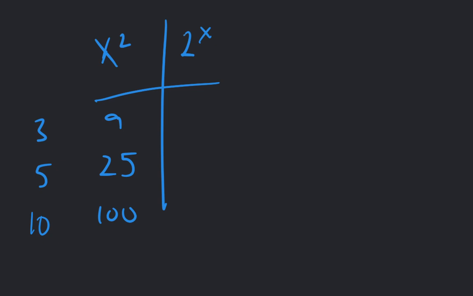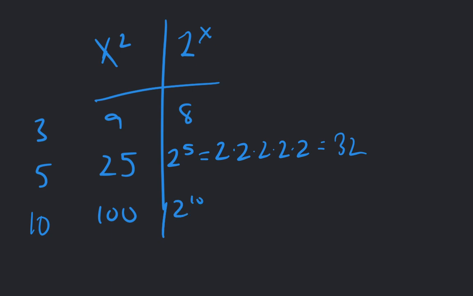Now this 2 to the x one gets a little tricky. First it starts off a little slower because 2 times 2 times 2 is 8. Now this is 2 to the 5. That's still not that bad. That's just 2 times 2 times 2 times 2 times 2, and that's 32.